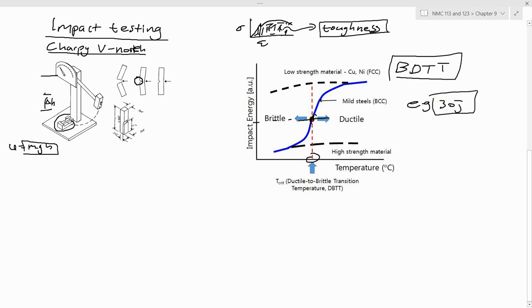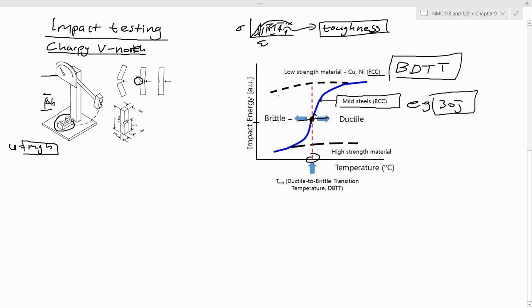But usually mild steel is the one that actually has this flexibility to move from ductile to brittle state. But for most FCC metals, especially low strength materials like copper, you find that it is always ductile irrespective of the temperature.